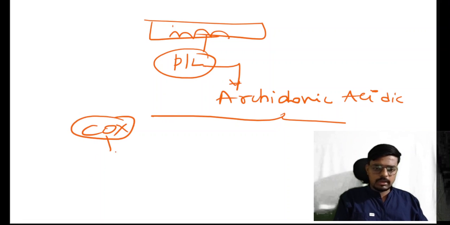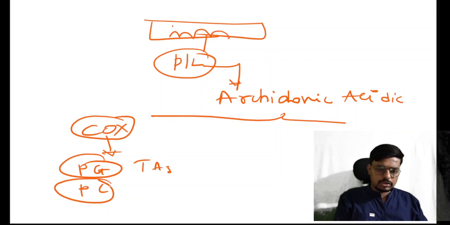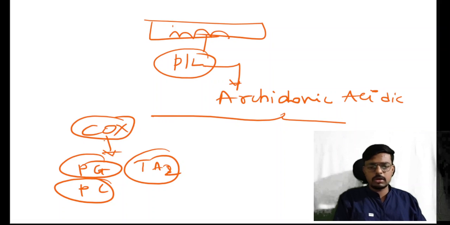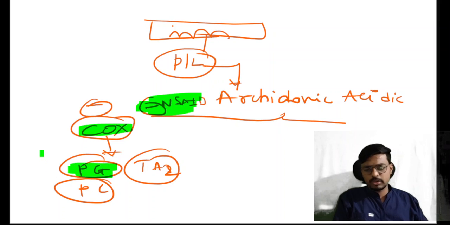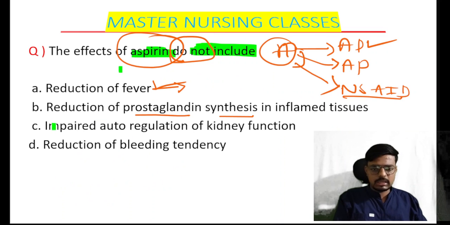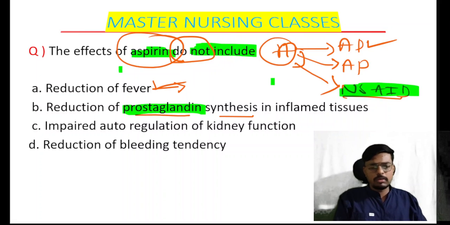From the COX pathway, prostaglandin, prostacyclin, and thromboxane A2 will be released. NSAIDs, non-steroidal anti-inflammatory drugs, act by blocking the COX pathway, so they inhibit the release of prostaglandin. Is this clear? So reduction of prostaglandin synthesis in the inflamed tissue, yes, it is reduced because it is an NSAID. Hope the concept is clear.